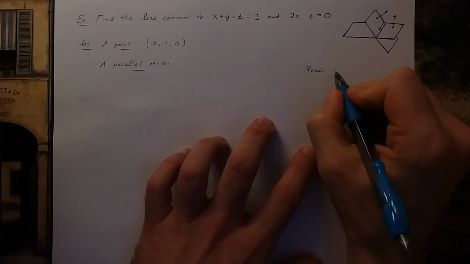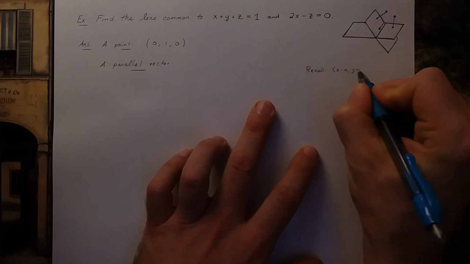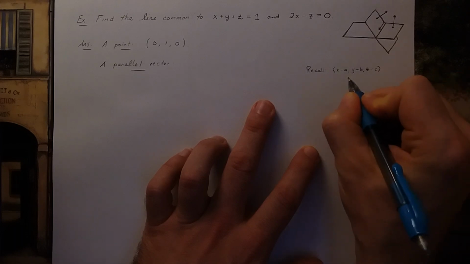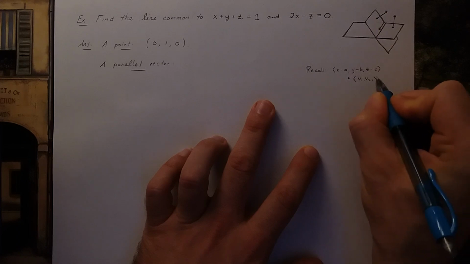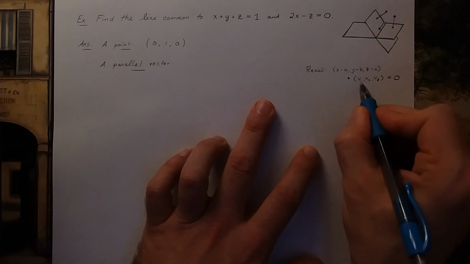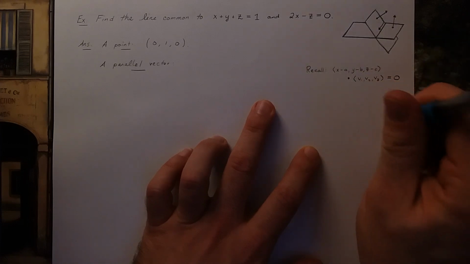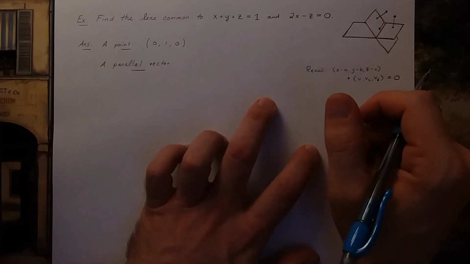The equation of a plane looks like x minus a, y minus b, z minus c, dotted with a vector v1, v2, v3 equaling 0. So this vector v1, v2, v3, that's my perpendicular vector that's straight out of the plane, and a, b, c is a point in the plane.